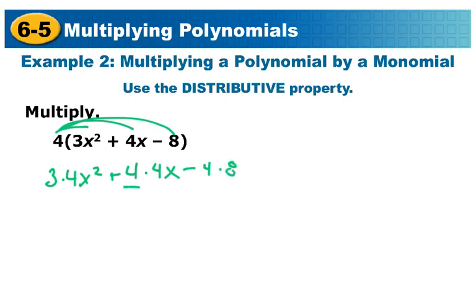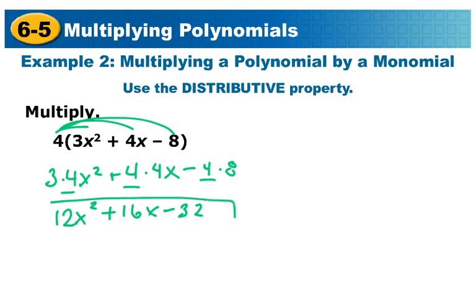So everything has that 4 being multiplied into it. And so 3 times 4 makes 12x squared plus 16x minus 32. So anytime that you are multiplying by just a number, every variable just kind of tags along for the ride.